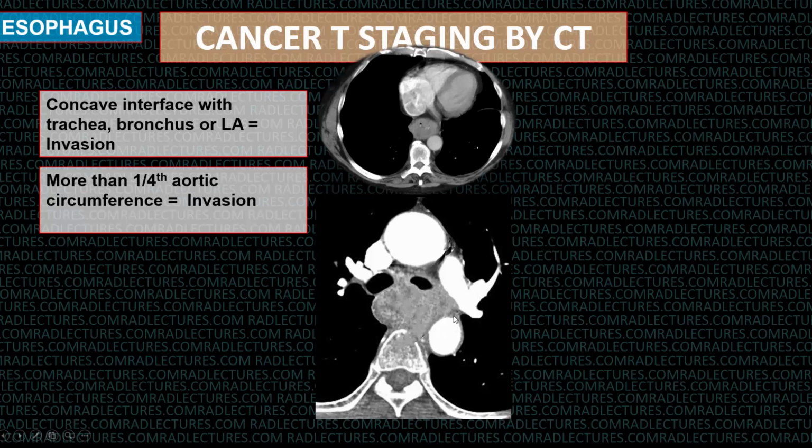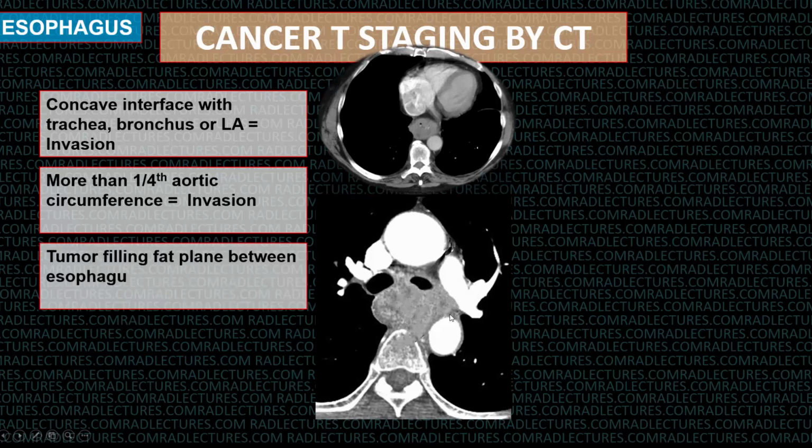For the aorta, if more than 1/4 of the aortic circumference is involved, that means that there is invasion. Here there is less than 1/4, but here almost half of the circumference is abutted, so that means that there is invasion.